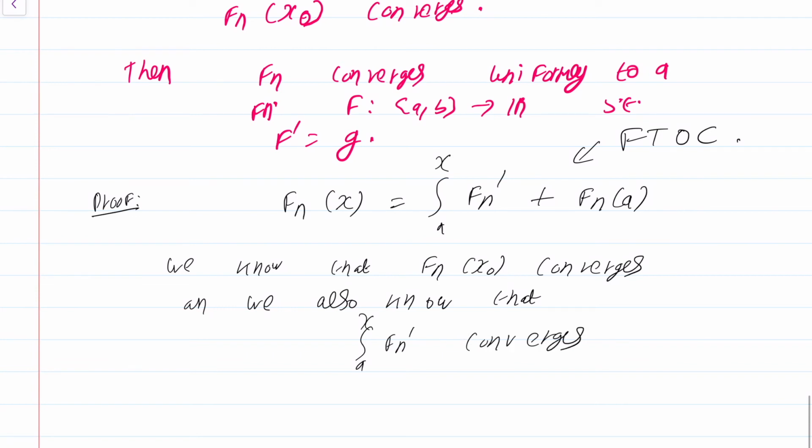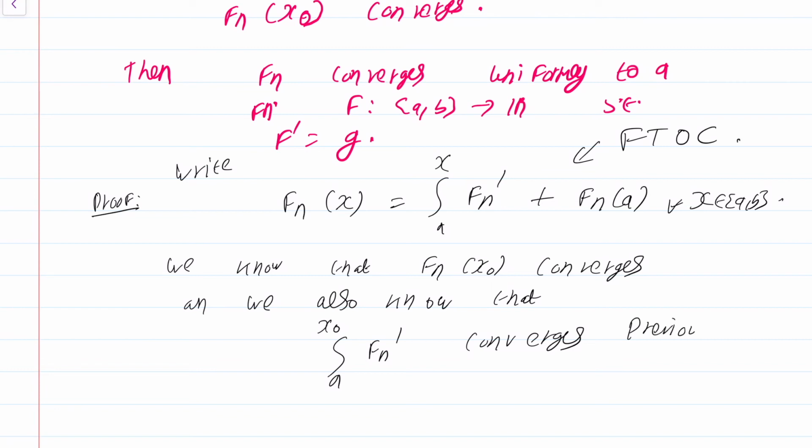So write f_n(x) equal to the integral from a to x of f_n prime plus f_n(a). This is true for all x in [a, b]. So for a fixed x, we know that f_n(x_0) converges. We also know that the integral from a to x_0 of f_n prime converges. This is the previous theorem.